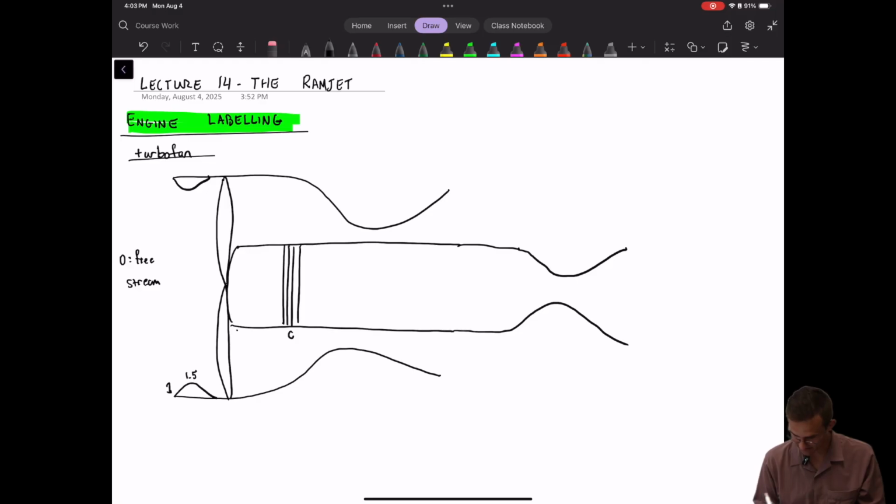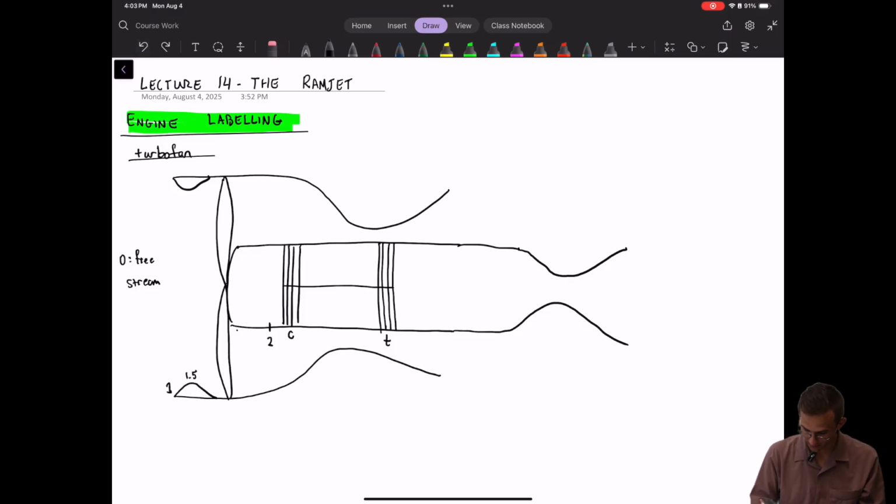This is connected to a turbine over here. We'll go through all the details of these components in a bit. This will all make sense. This is the turbine. The station directly upstream of the compressor is station 2. That's the general rule: whatever state is hitting the face of the compressor, we'll call that station 2.